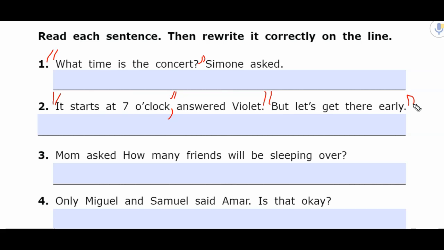Mom asked how many friends will be sleeping over. Before how, and then after what? After the question mark. And actually there's a comma after asked. Only Miguel and Samuel said Amar. Is that okay?